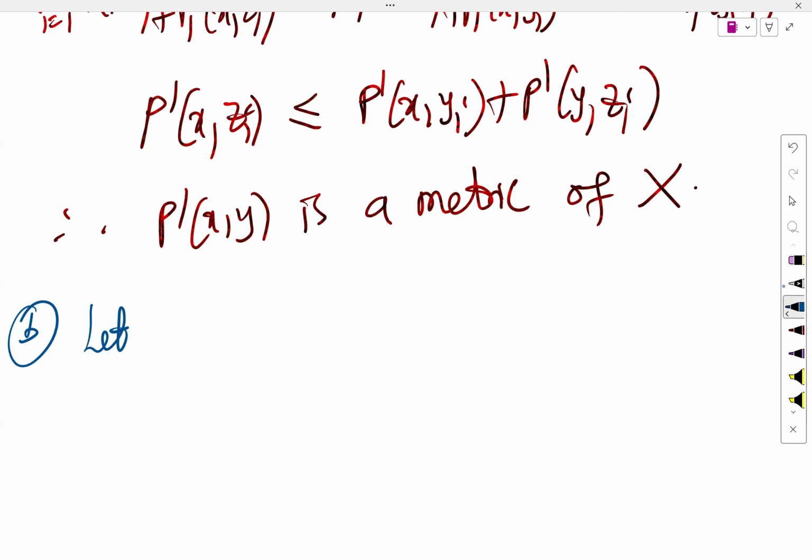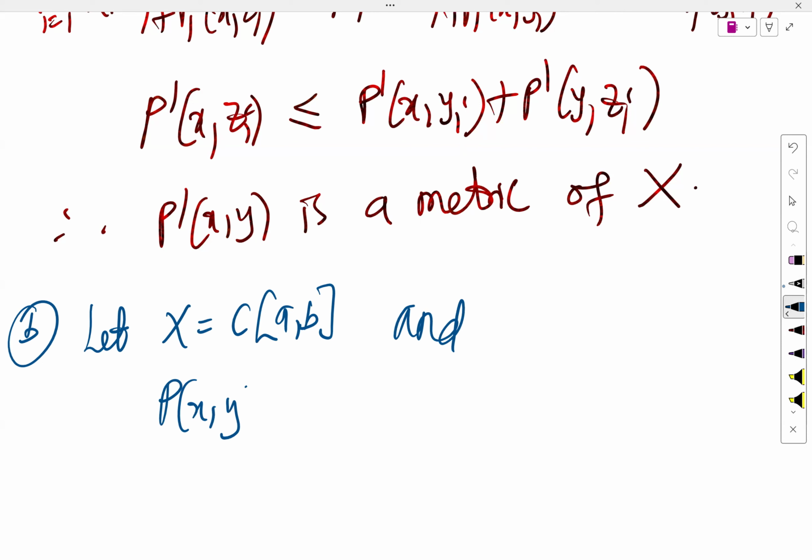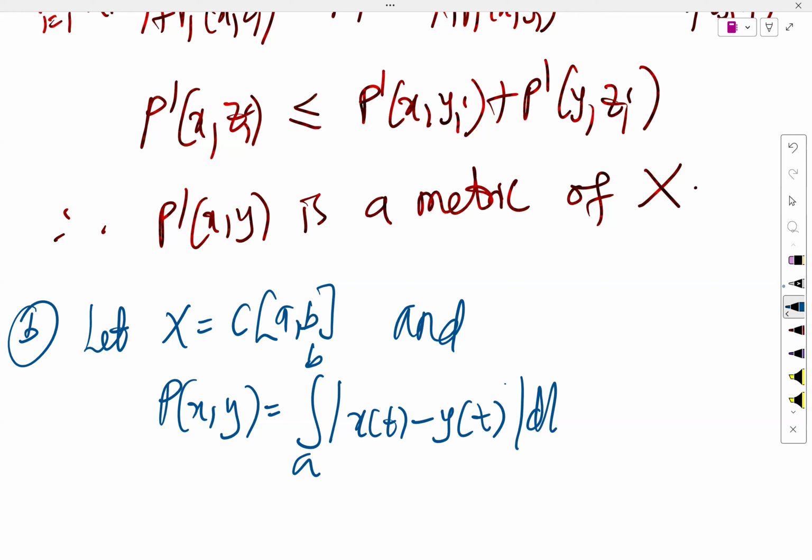So let X be C[a,b], like, is it something like in the complex domain? And then we have that P of x comma y is the integral from a to b of the absolute value of x(t) minus y(t) dt.